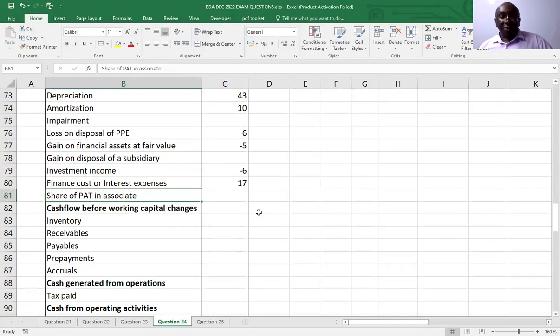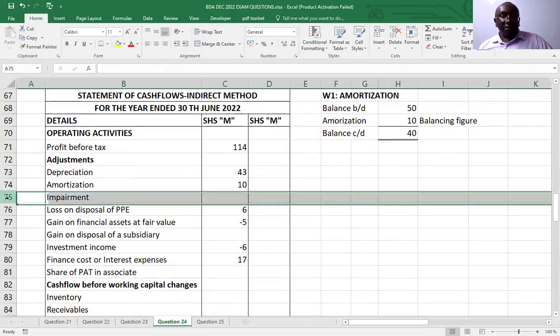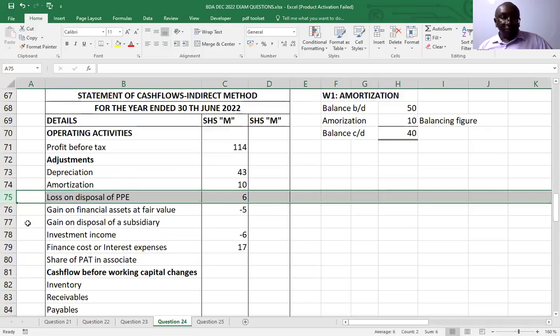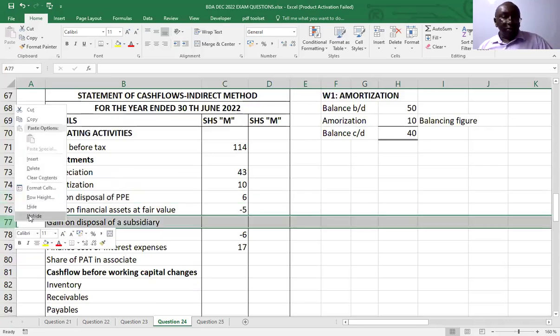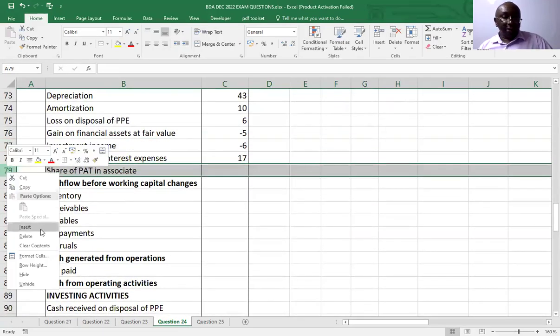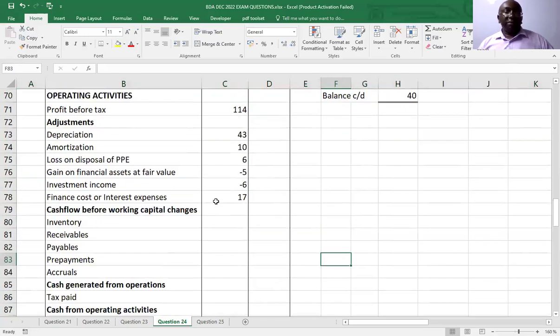So those ones will not help us. You can either leave it that way, or you can remove the rows that do not have anything. For me, I can remove, but for you, maybe you can retain them so that you have the format. But in an exam, you can remove them.